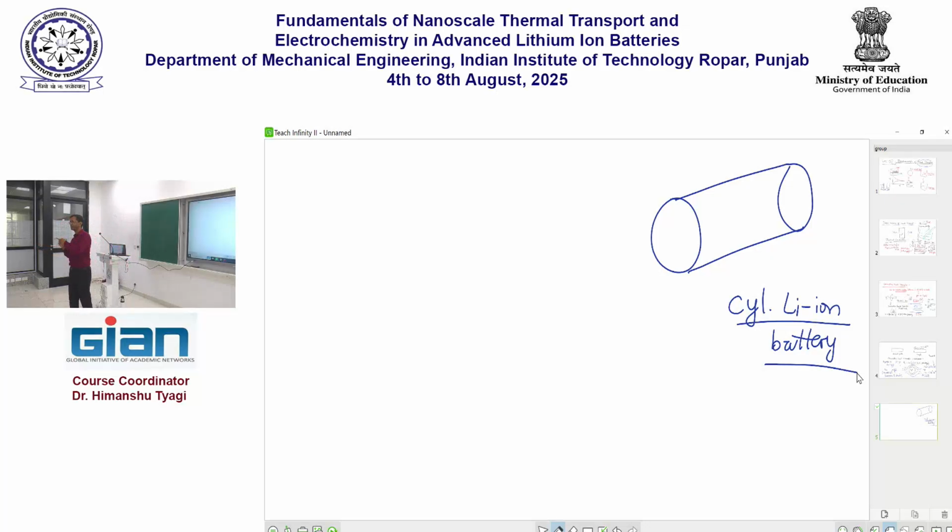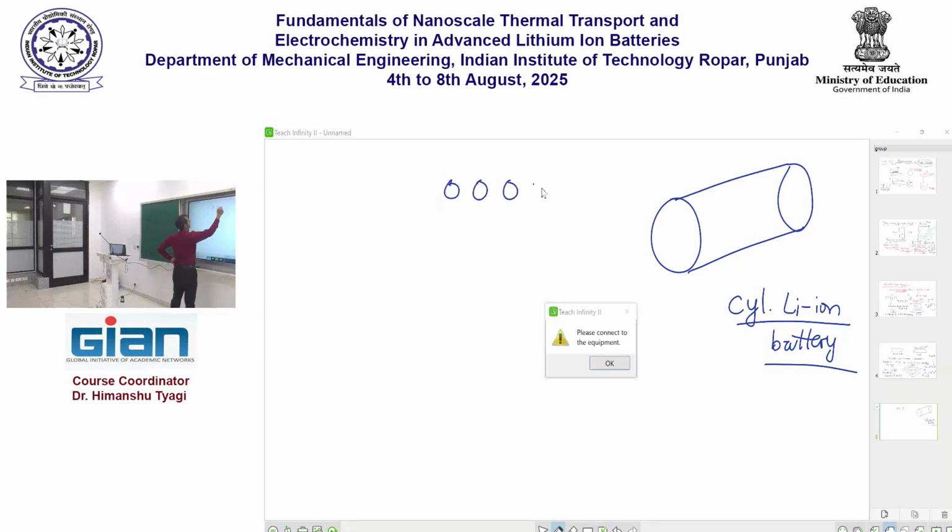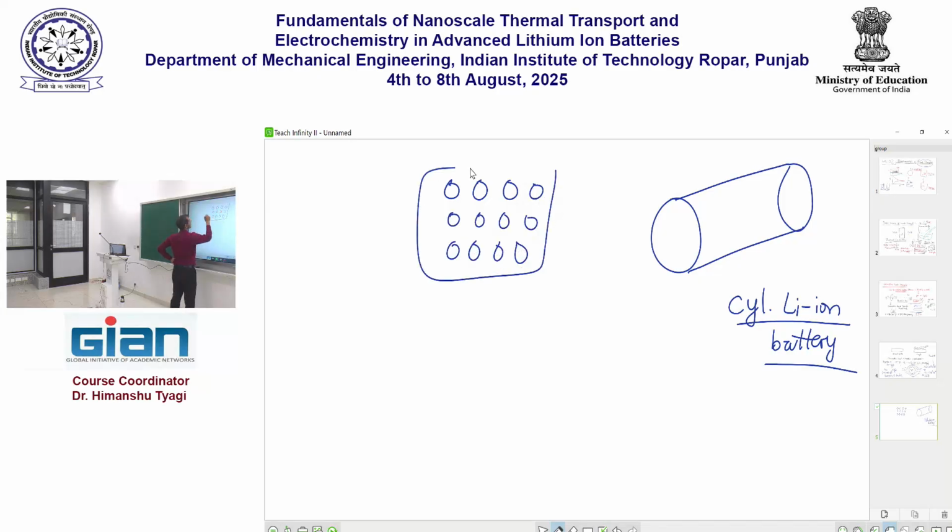Not just one, but hundreds, sometimes thousands of these single cells arranged sort of in a fashion like this. I'm drawing the cross section here. These cylindrical cells will generate heat, and if we don't remove the heat out of these cells, they will overheat and cause all kinds of problems that we will look at in subsequent lectures.